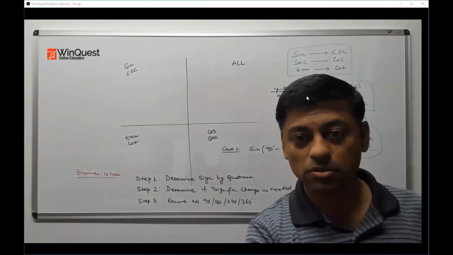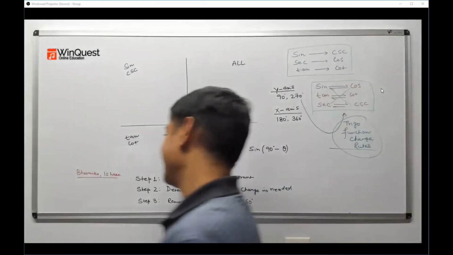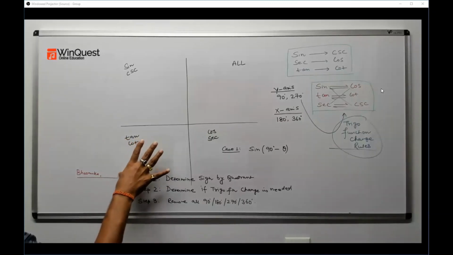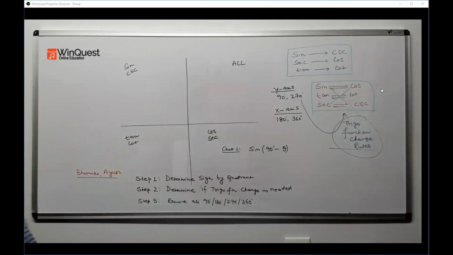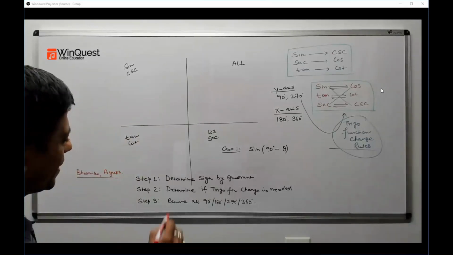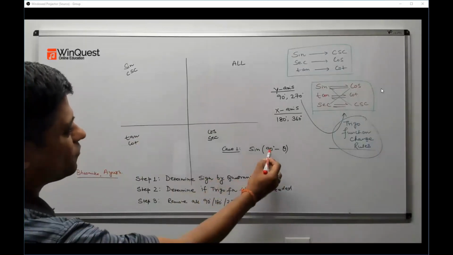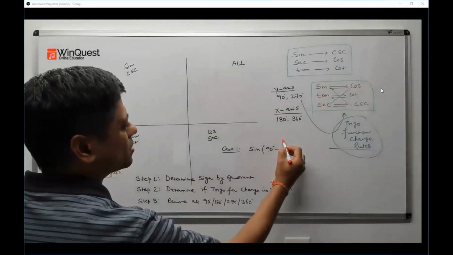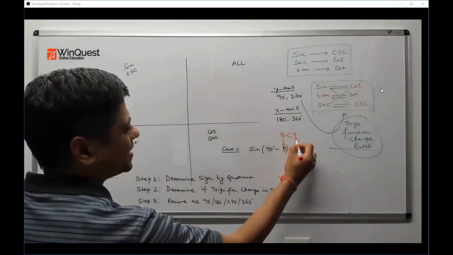Okay. Ayush. Are you following? Yeah, I am. So, determine sine by quadrant. Sine of 90 minus theta. Please note this theta, whatever be the angle, it has to be less than 90.